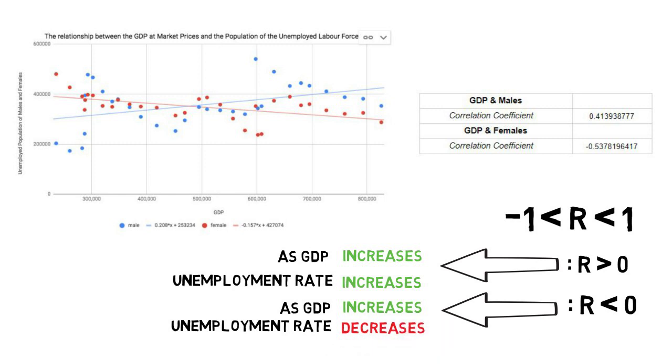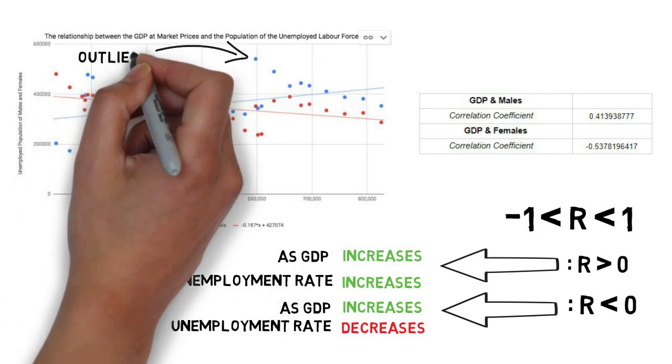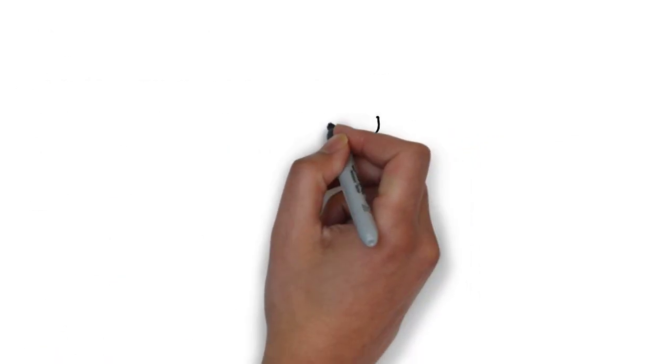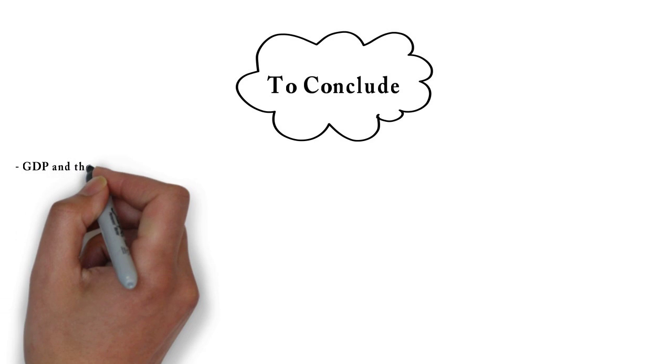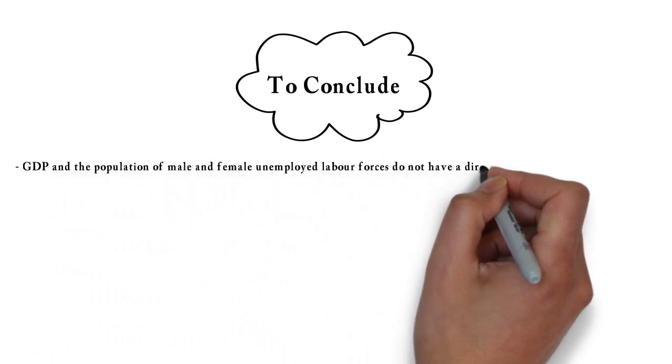The reason why the values of our correlation for males and females are not very close to 1 or -1 could have been due to outliers. Outliers can affect the value of the correlation coefficient and skew the results. From our findings, we were able to determine that the relationship between GDP at market prices and the population of the male and female unemployed labor forces do not have a direct relationship with each other.